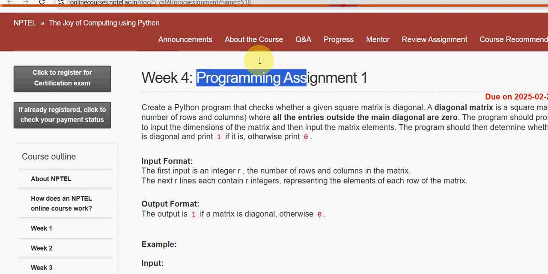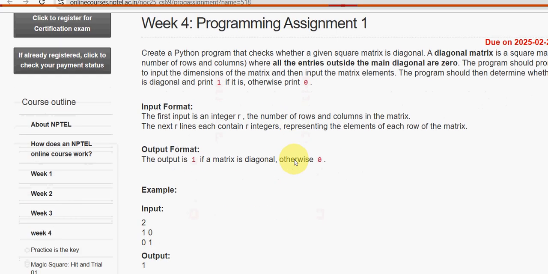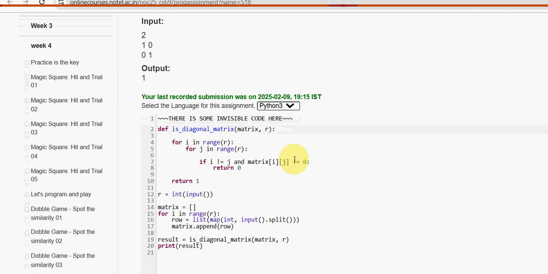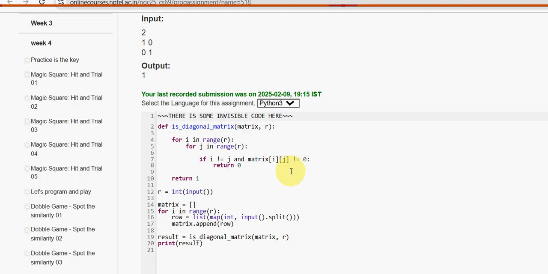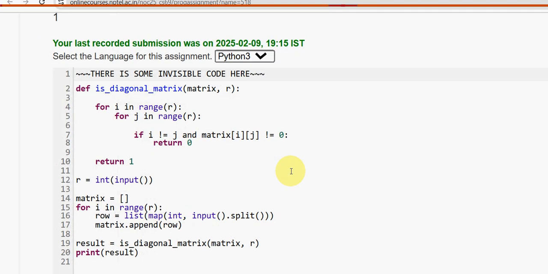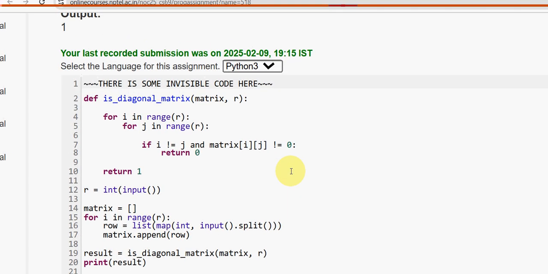So this is programming assignment 1, guys. I will show you the code now so you can note it down. I will zoom this for you for your convenience. So this is the code: def, so don't forget the rules regarding indentation. Once check it, guys.